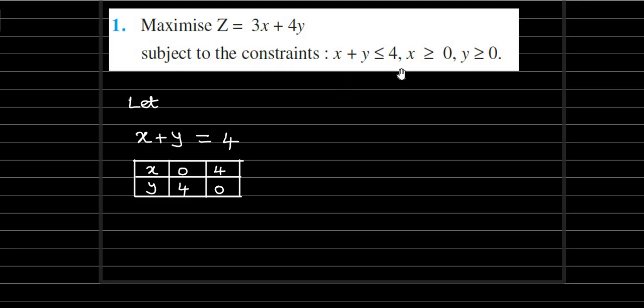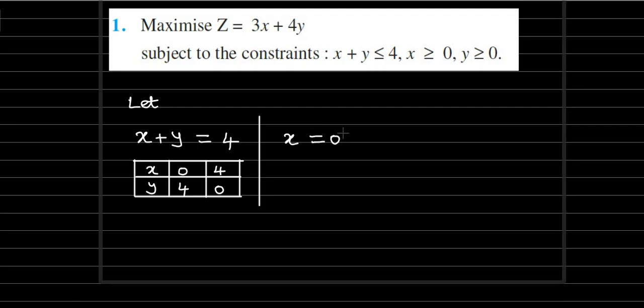And what are the other inequalities we have? x greater than or equal to 0. As I told you, the constraints we are going to consider as equations to draw in a graph. So x greater than or equal to 0, x equal to 0.